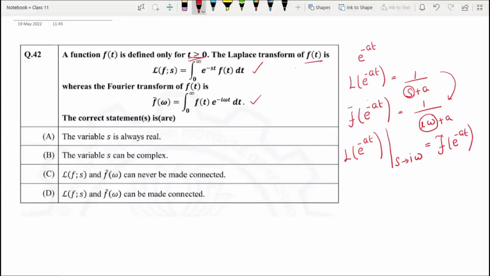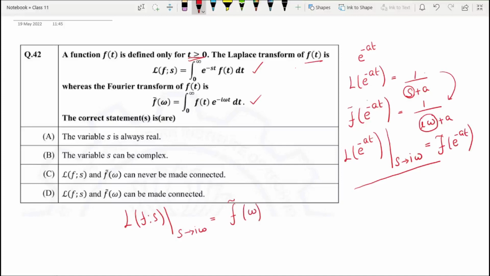Now in the similar way, if you see the given Laplace and Fourier transformation, here also the Laplace transformation of the function in terms of s at s is equal to i omega goes to i omega is equal to Fourier transformation in terms of omega.